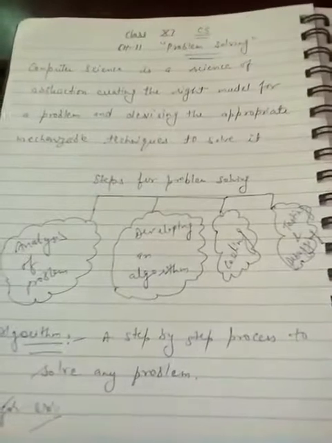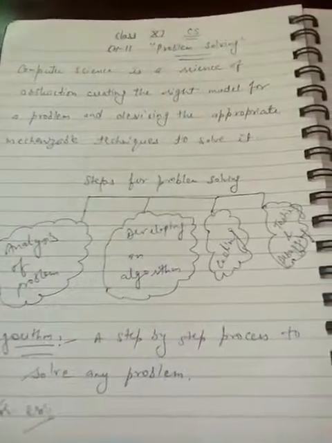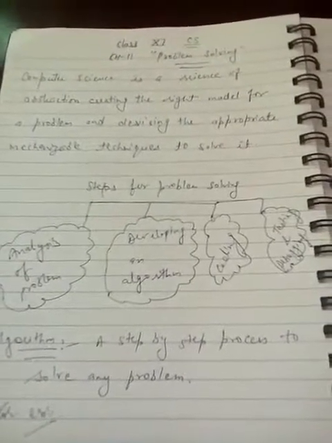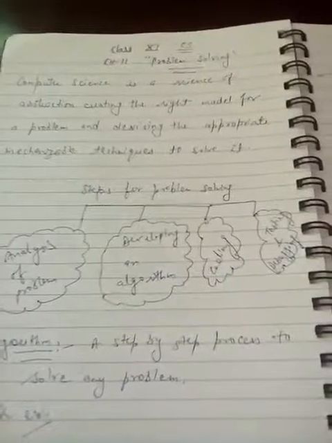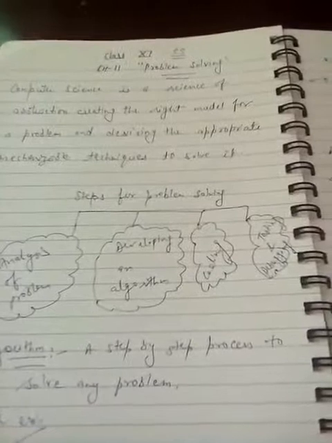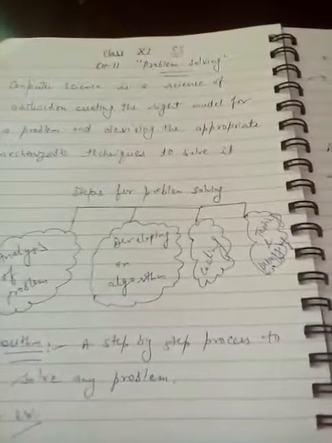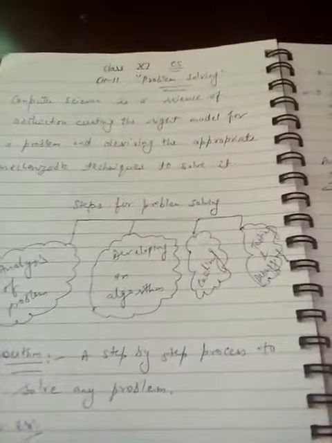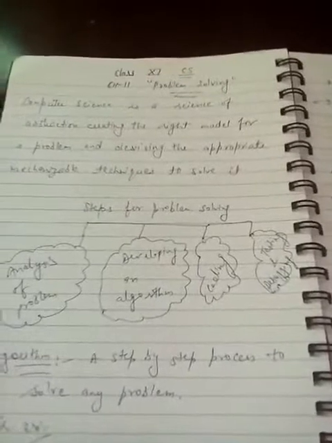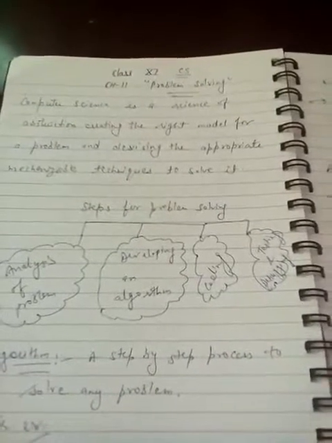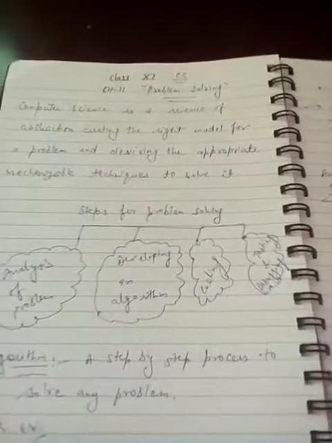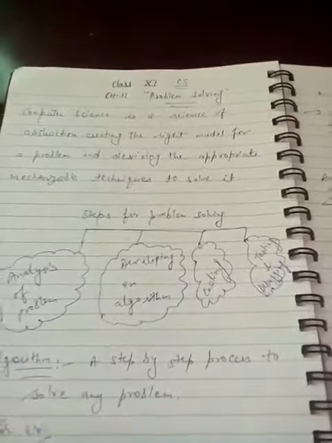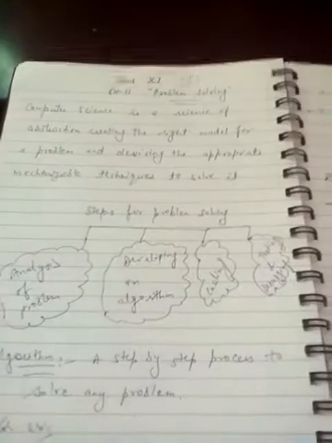The first step is analysis of the problem. First of all, you have to know what the problem is and how to solve it. The problem can be huge, in which case it can be divided into sub-problems, or sometimes the problem is so small it can be resolved in one concept only.